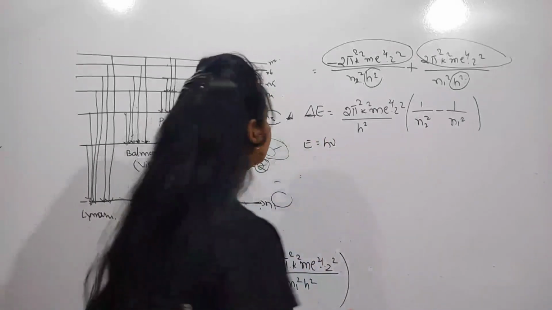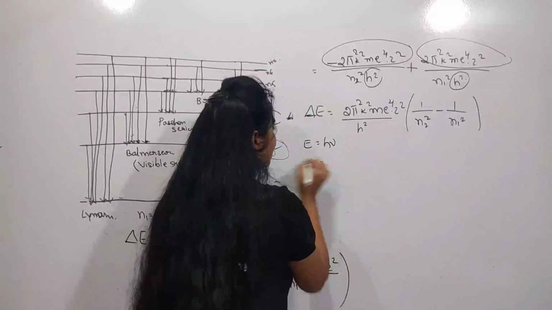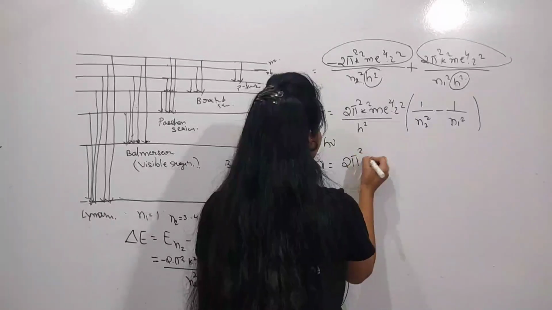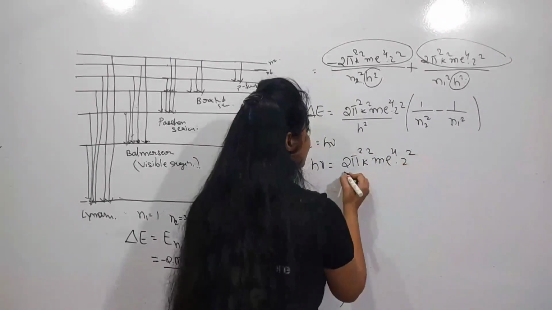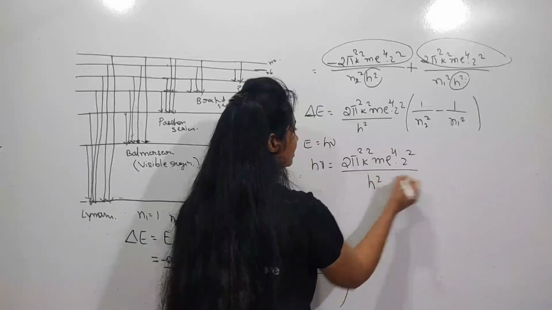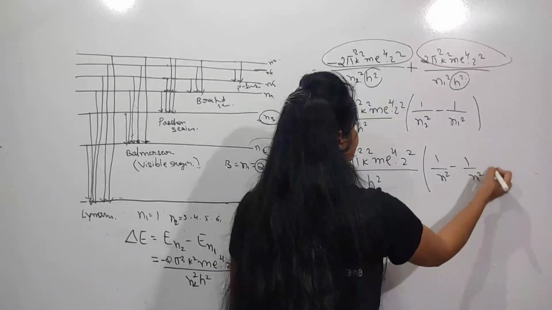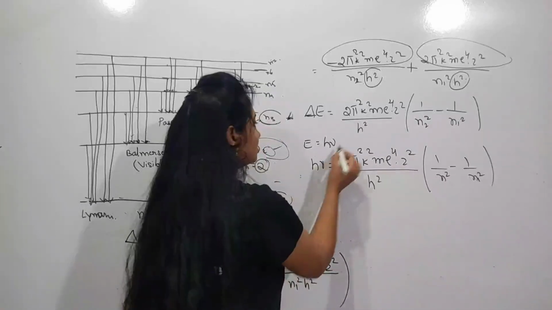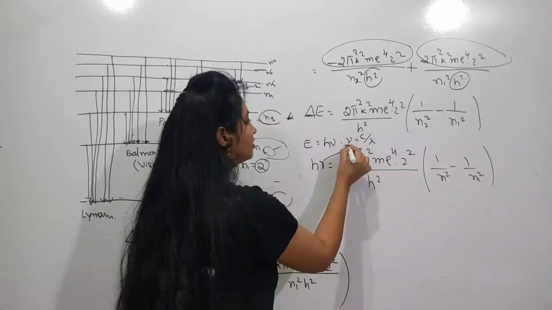Then the delta E, the energy of photon, already you know that E is equal to h mu. Then in the place of delta E, I can write h mu is equal to 2 pi square k square m e raised to 4 into z square divided by h square, then 1 by n2 square minus 1 by n1 square as usual. And then see here, mu is equal to c by lambda. Already you know that.